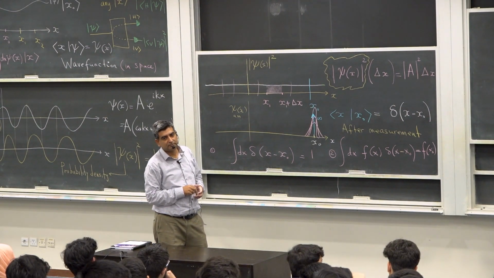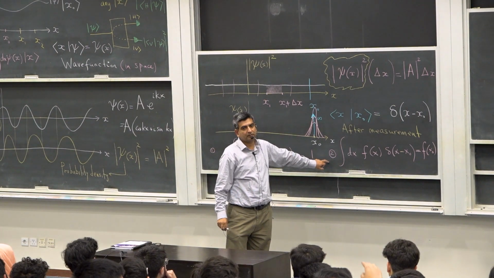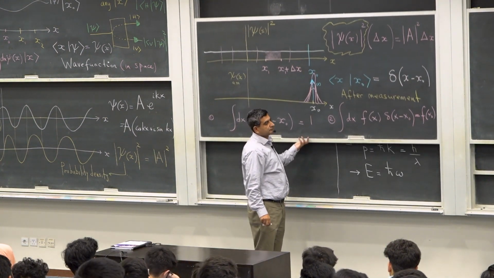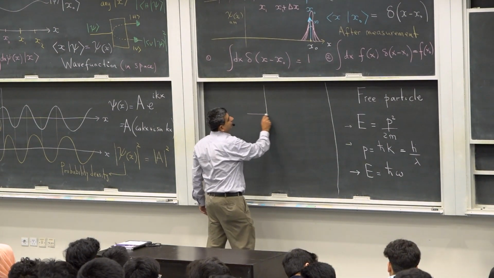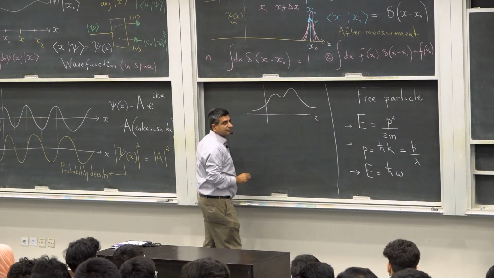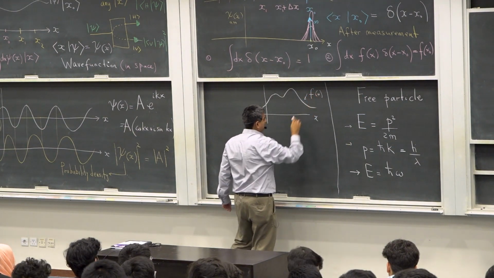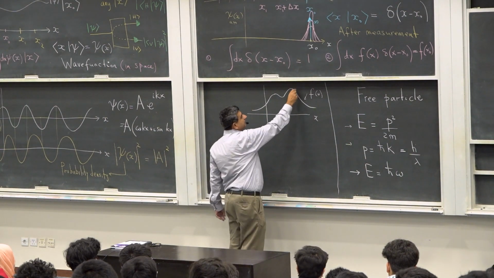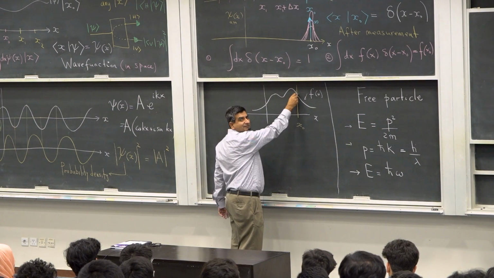Sir, for the second integral involving f of x, can you explain how it gives us the value of f of x naught? So if you have a function of x, suppose this is your function, f of x. One thing is you can find the area under this, but now the function is being multiplied by a spike at x naught.